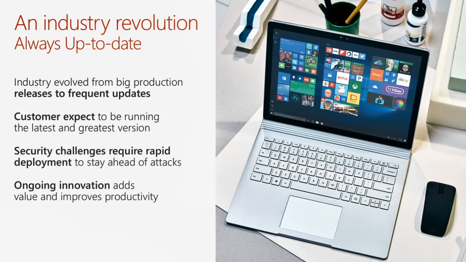So before getting into details, what is really happening is, no matter what, this is an industry revolution. The industry is moving from big production releases into frequent updates. And what customers are expecting from us is being on the greatest version all the time. Not only that, we're hoping not to have security threats.